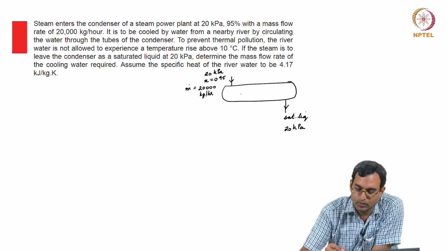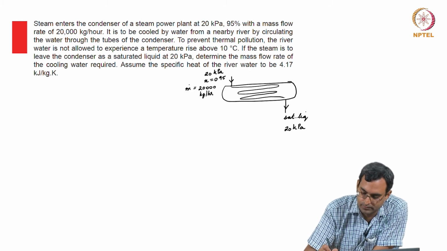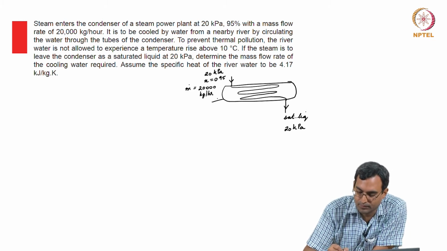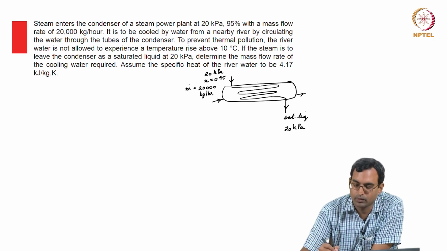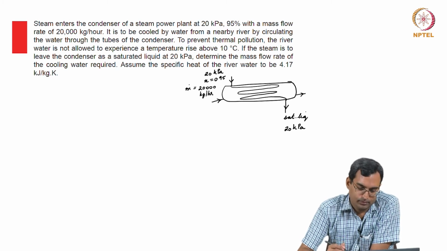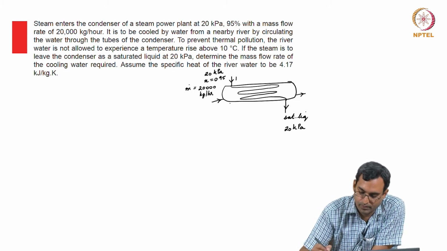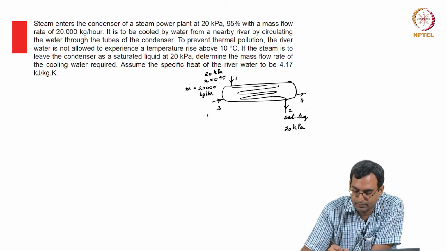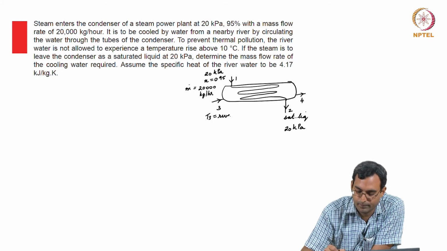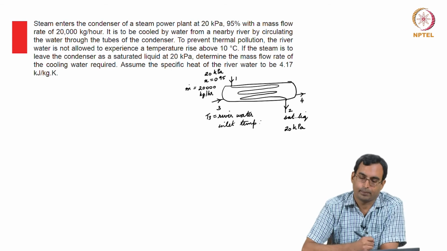What we are doing is, in order to cool this, so for example, you can think of this as coming into a tube like this and going out. In order to cool this, we are sending in river water from here, and the river water goes out. It cools these tubes and then goes out. The change in temperature of the river water: so T3 is river water inlet, T4 is the river water exit temperature.